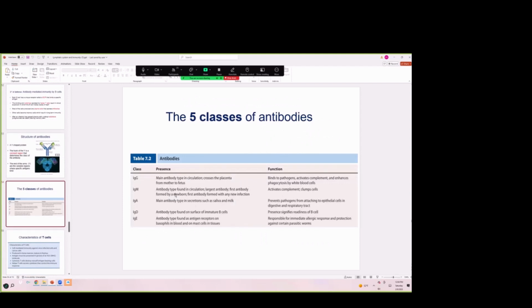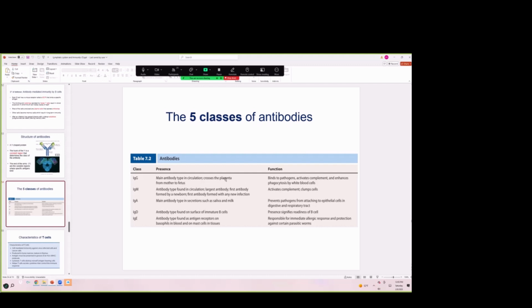I put this here for us to see the different kinds of antibodies that are produced by some B cells. We have different ones that do different things. Like IgM, the Ig stands for immunoglobulin. I'd say it is the main type in circulation, the largest amount.